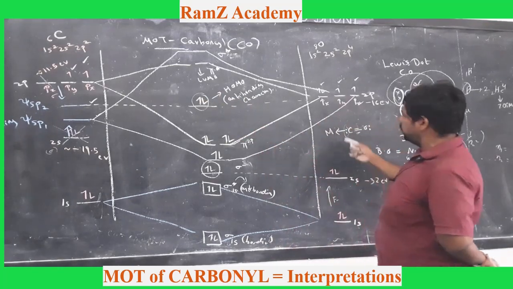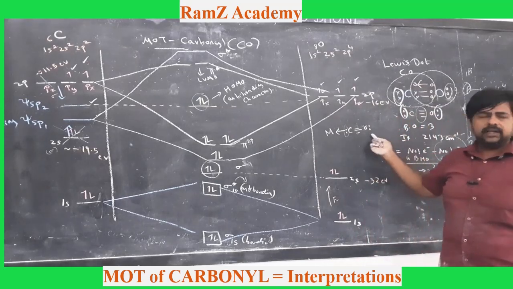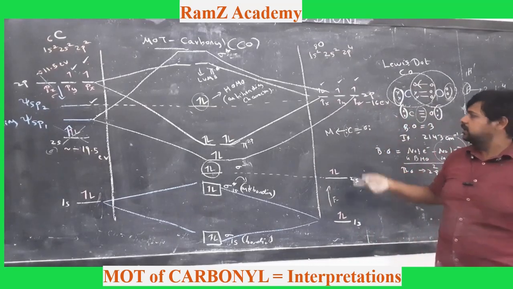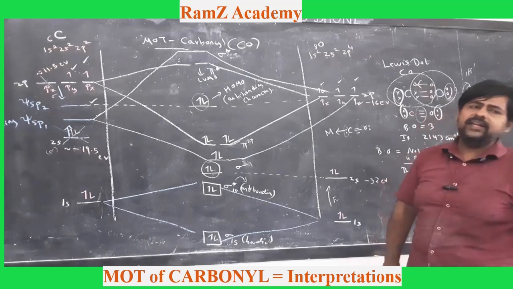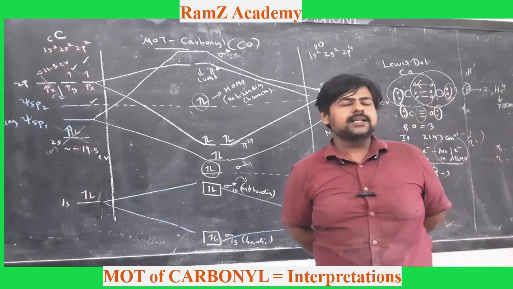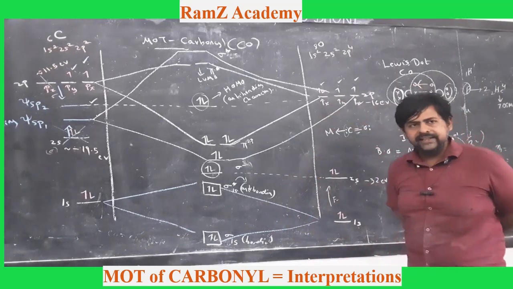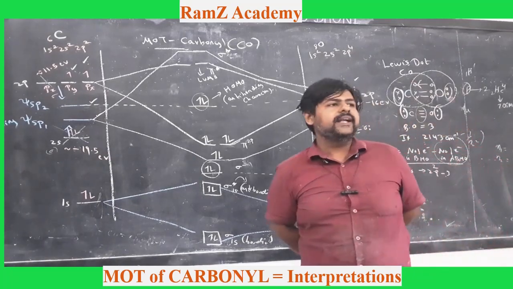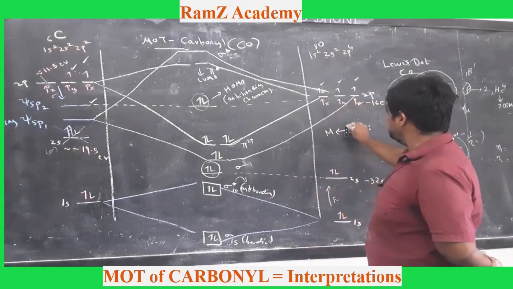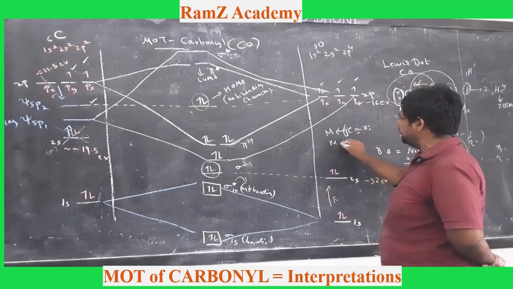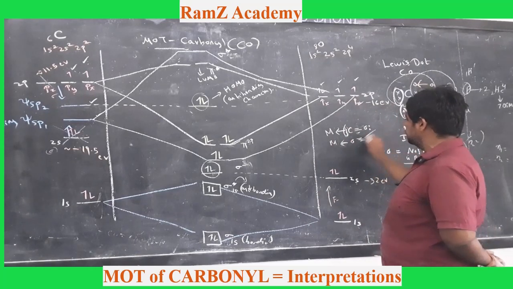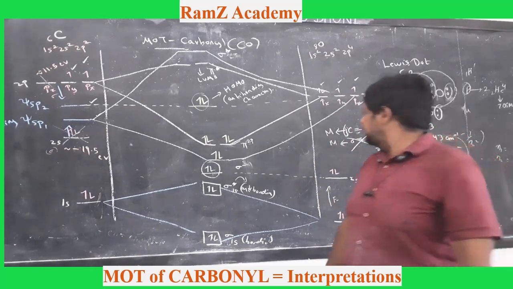That is why, in spite of having a lone pair on carbon as well as on oxygen, this carbonyl is not behaving as an ambidentate ligand. It is only behaving as a monodentate ligand, and it always tends to form a coordination bond only through the carbon. So we don't have something like this. This is not possible, oxygen donating electrons to the metal.